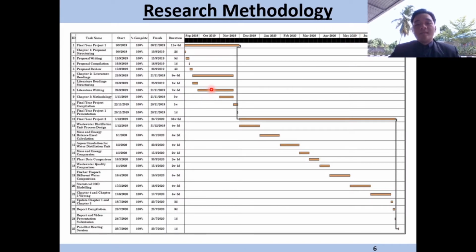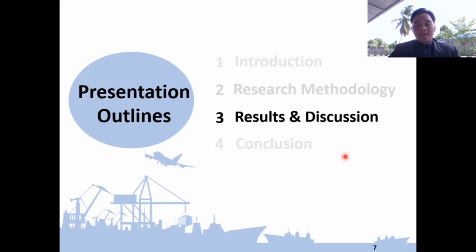So this is the Gantt chart, which indicates my timeline of doing this research since September 2019 until today, July 2020. So the results and discussions, this is the important part of this presentation.